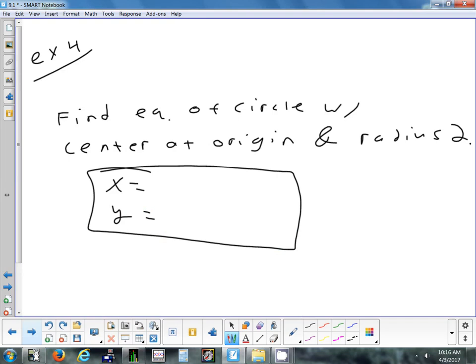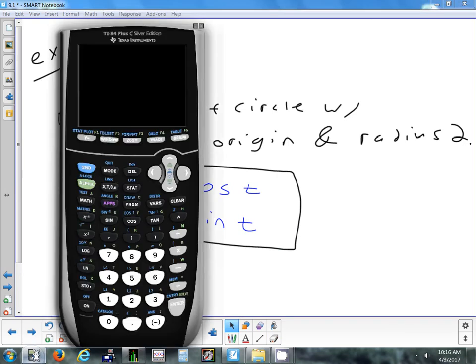Yeah, Matt? Wouldn't it be 2 cosine t? Yep, 2 cosine t. And how about the y? 2 sine t. Now, do we want to do degrees or radians? Degrees, okay.